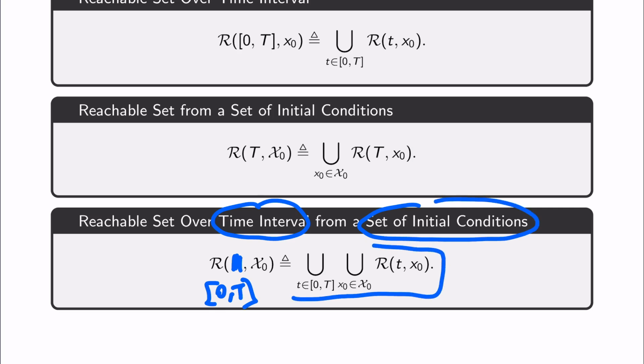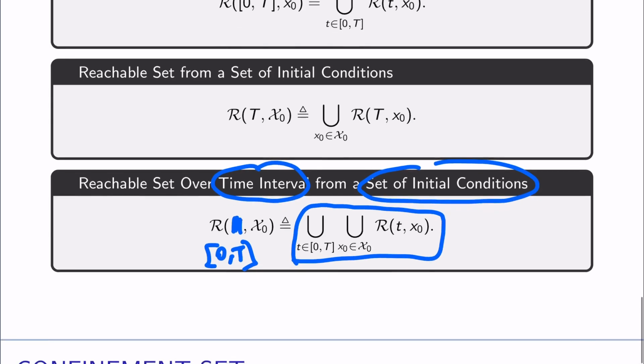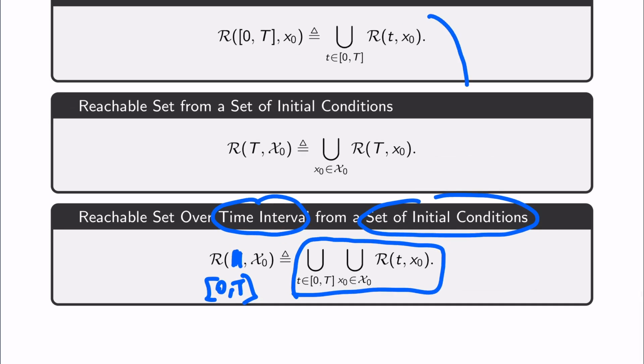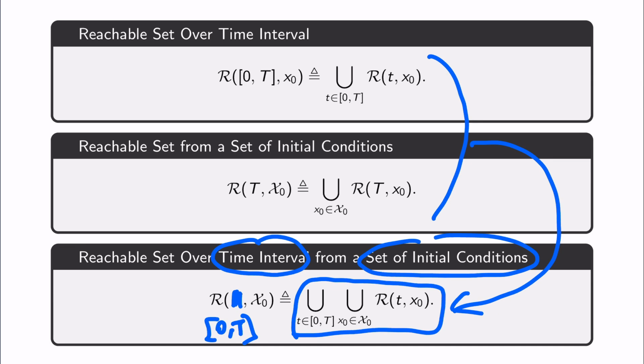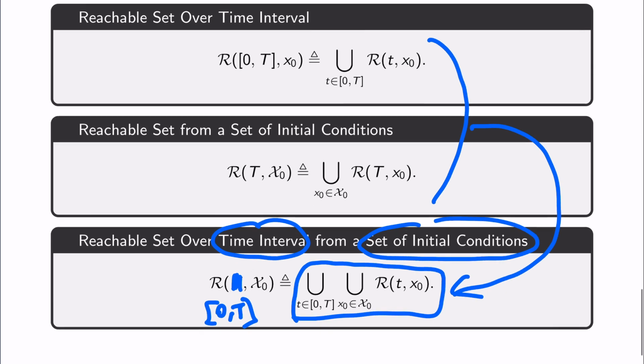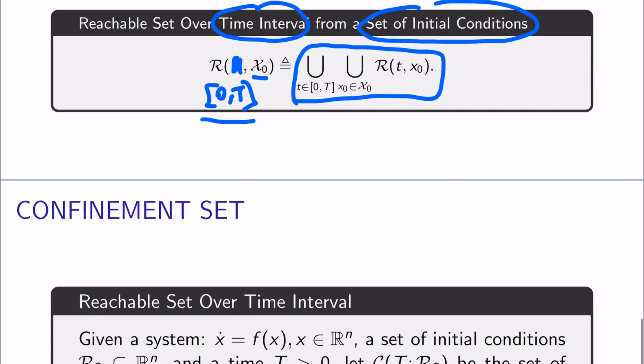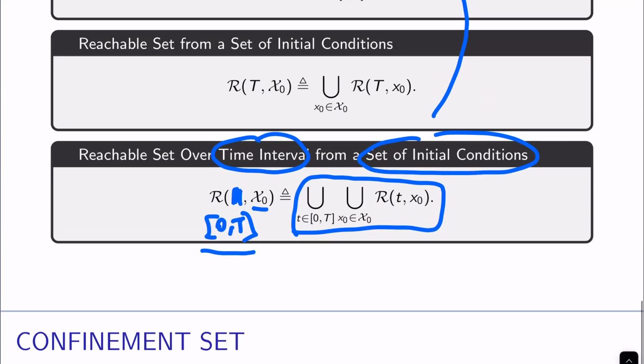And we are basically using those two definitions and arriving at a reachable set definition that is not only looking at the initial condition points, or the time. We are looking at a duration plus sets.